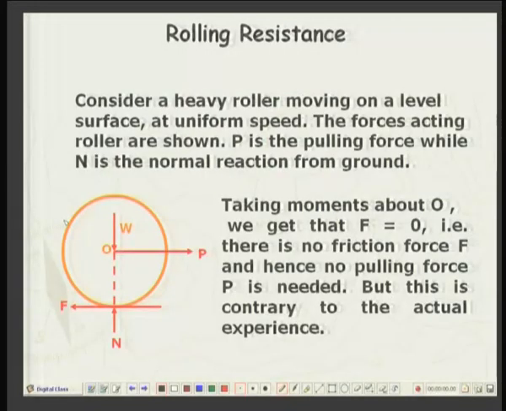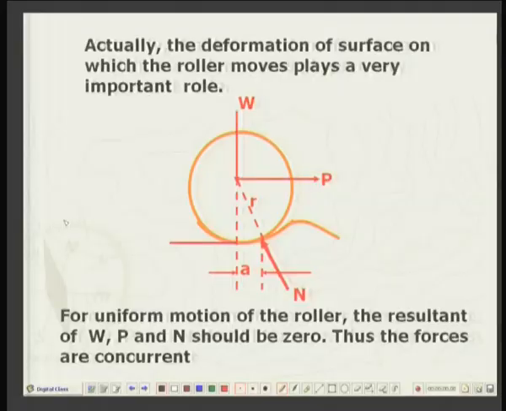So, where does this anomaly lie? The principles of mechanics or equations of equilibrium dictate that there should not be a pulling force P, but experience says that there is a pulling force P. So, to resolve this dilemma, let us look at what happens at the contact point between the roller and the ground.